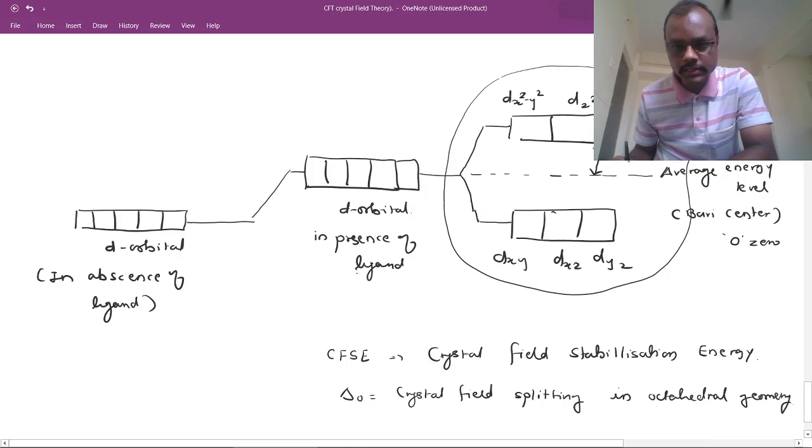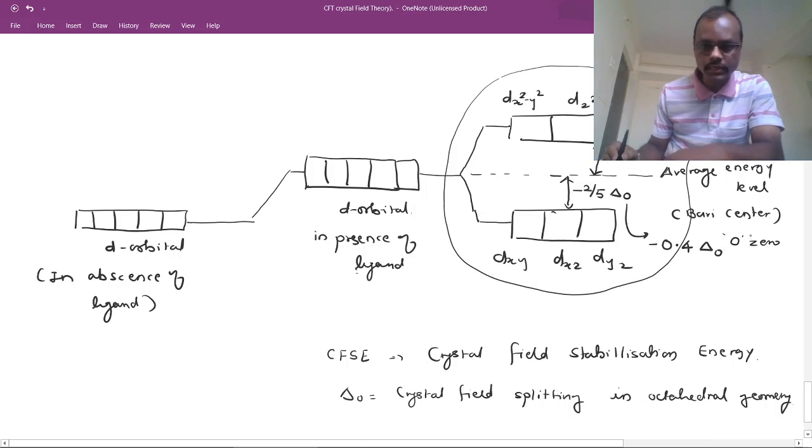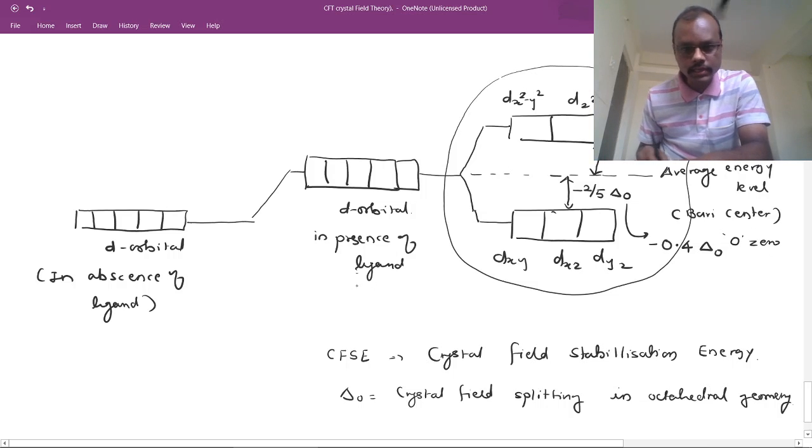So this is my 3 by 5, and below the barycenter it is 2 by 5 delta 0. If I consider it, this comes out to be plus 0.6 delta 0, and this comes out to be minus 0.4 delta 0.